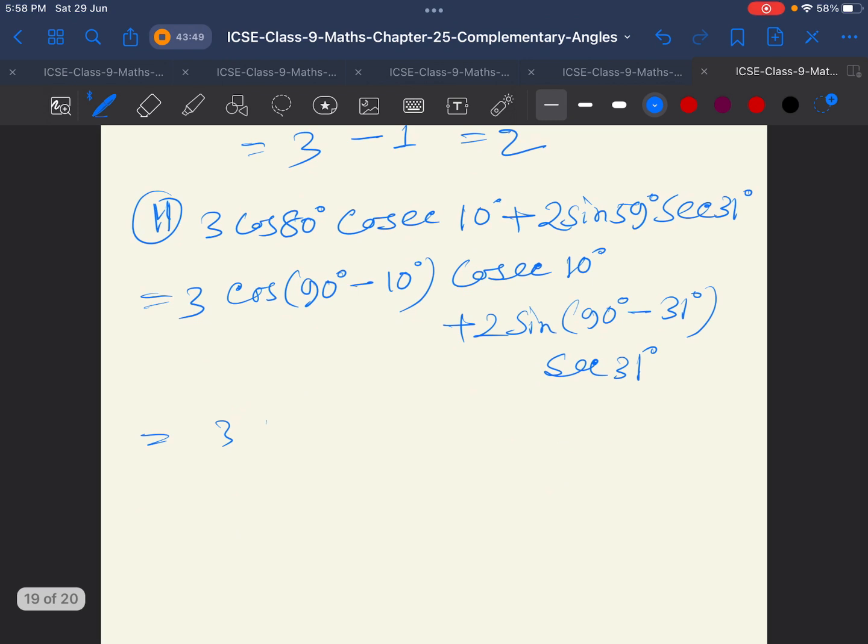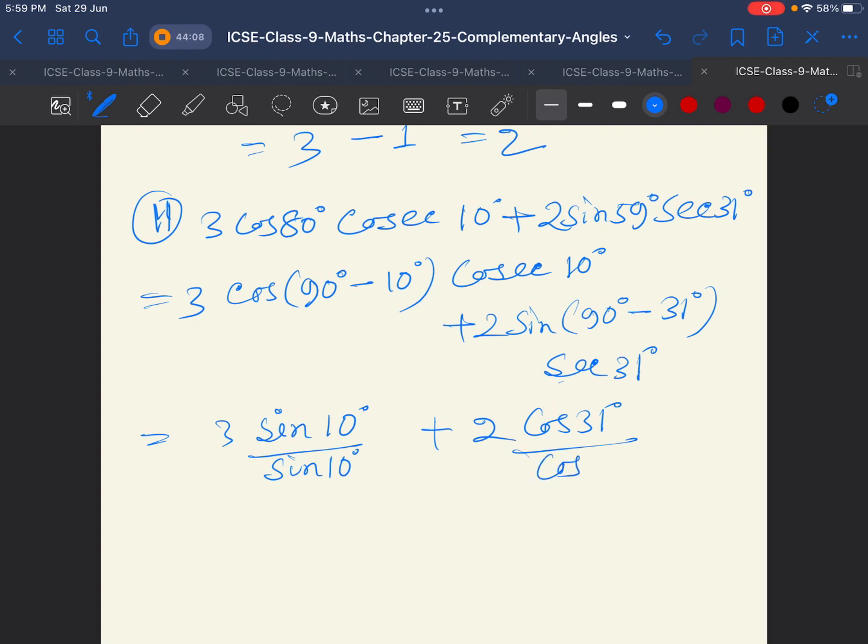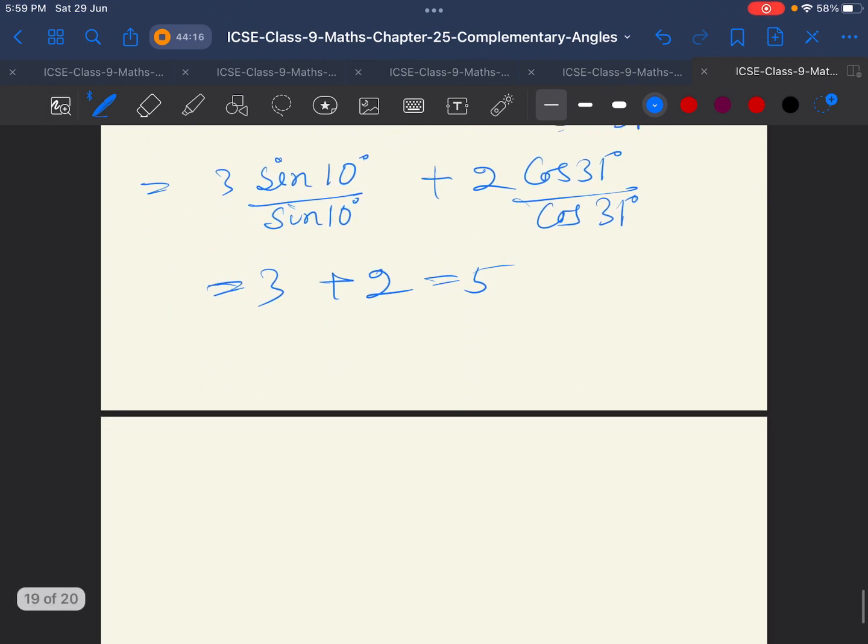So you can write cos (90 minus 10) is sin 10 degree, and cosec 10 is 1 by sin 10, we know, plus 2 cos of 31 degree and sec 31, we know, is 1 by cos of 31 degree. So this term is 3, this term is 2, so this is 5.